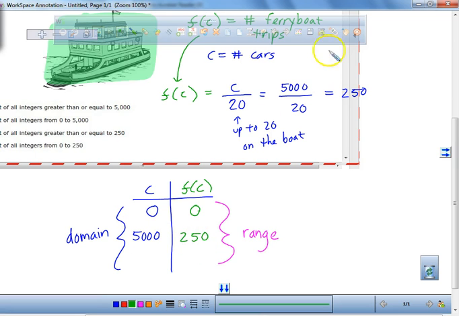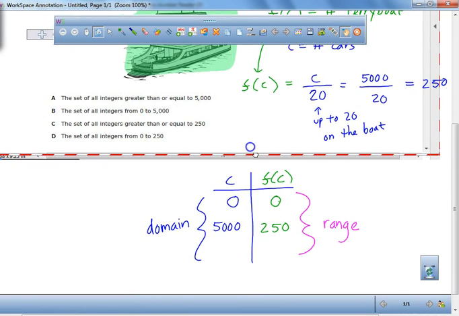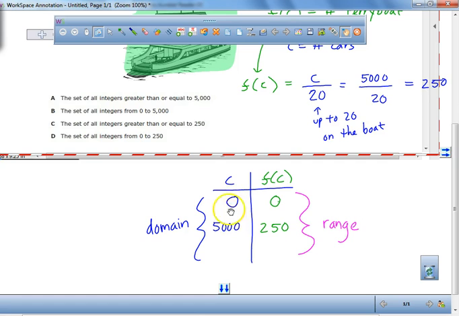Now everybody, let's interpret what this means. The amount of cars that can go in one day, not just on one ferry boat, but on one day, is a total from 0 to 5,000. That's the domain. So for answer choice B, I want you to write that answer represents the domain.